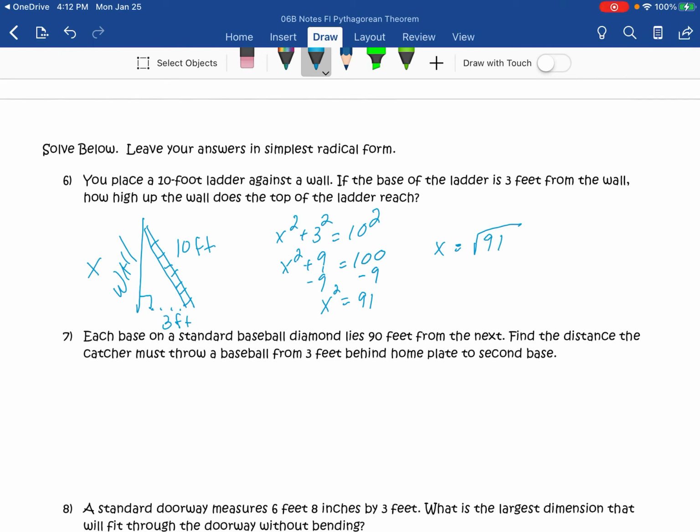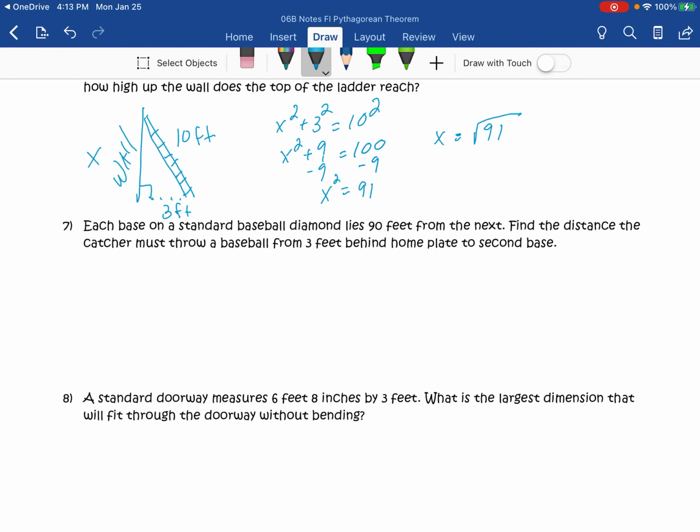Okay, and I don't believe that can be simplified. Oh, yes. Actually, no. 91 cannot be simplified because the only factors of 91 are 7 and 13.